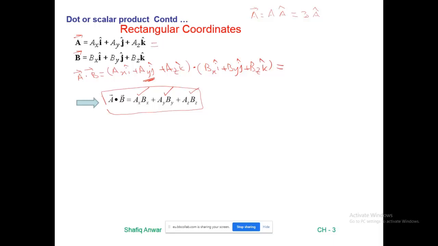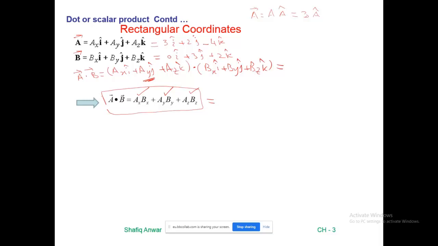For example, if you have here 3i plus 2j minus 4k, the second one you have 0i plus 3j plus 2k. If you use this rule, ax, how much?